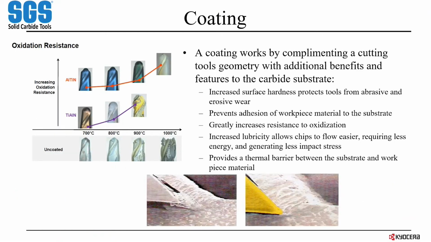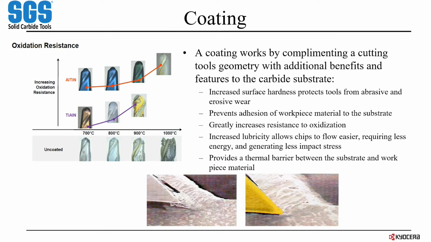Next is coating, and this is extremely important when it comes to high temp alloys. The coating is essentially providing a multitude of things. It's making the surface of the tool harder, which helps with the abrasion and wear, which is extremely high on most high temp alloys. It also protects the substrate.